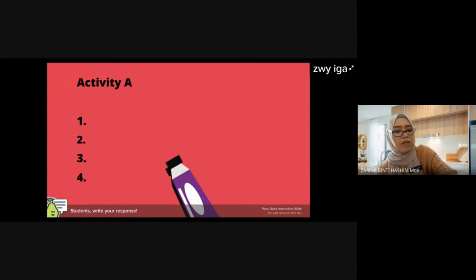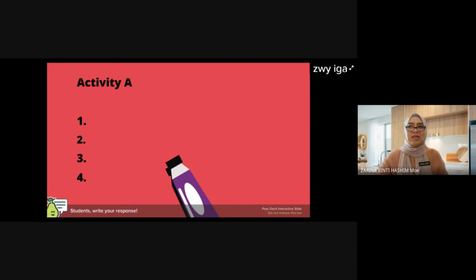Question number one. Which conditional is used to talk about facts? Sorry, which conditional is used to talk about something that is likely to happen in the present or in the future? Again, which conditional is used to talk about something that is likely to happen?